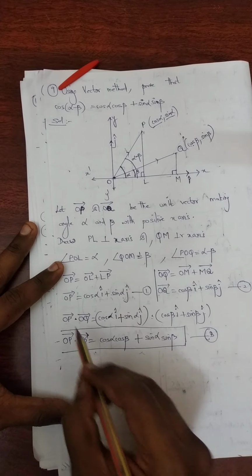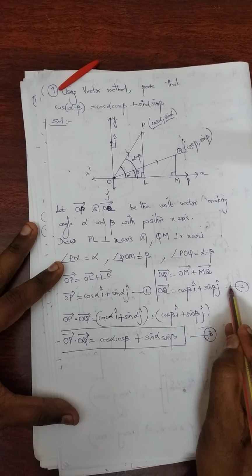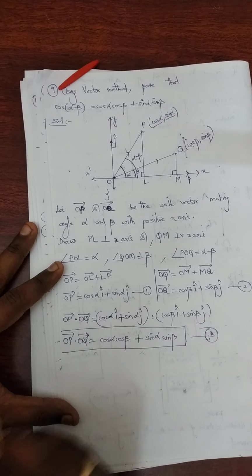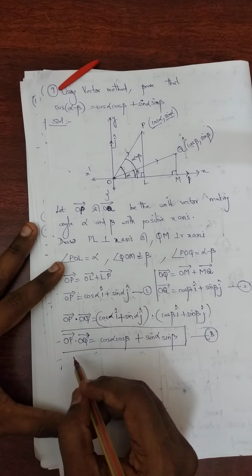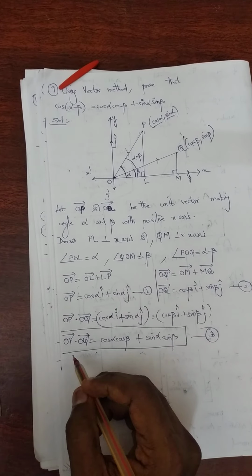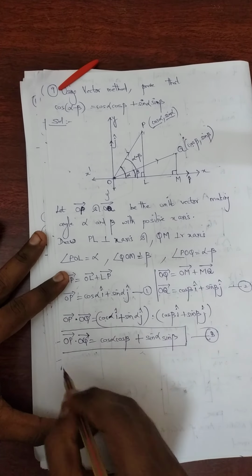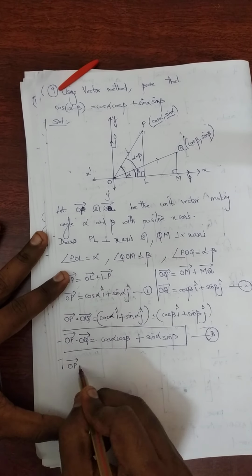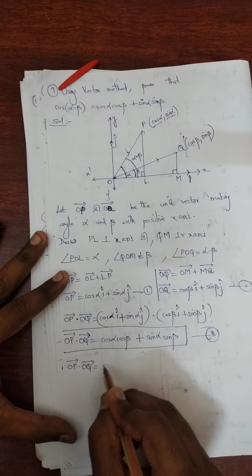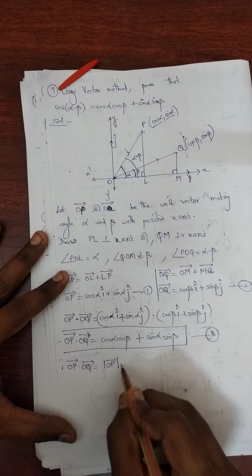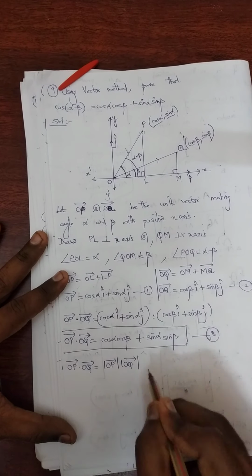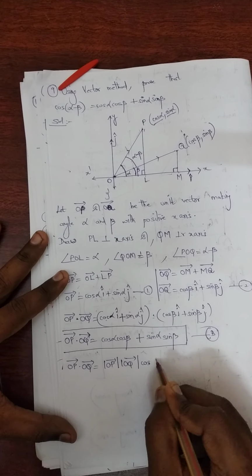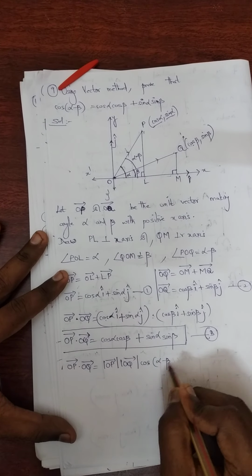Now using 1 and 2, there is another formula for the dot product OP dot OQ. OP vector dot OQ vector is equal to modulus of OP vector times modulus of OQ vector times cos(alpha minus beta).